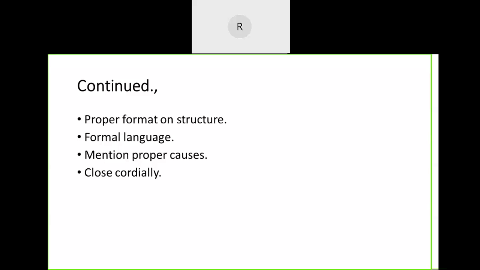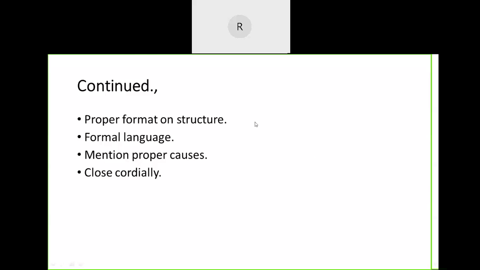And lastly, the letter should be closed with a cordial relationship, because after reading the letter, he must reply to us. This is how a letter should be. These are all the major features of the inquiry letter.